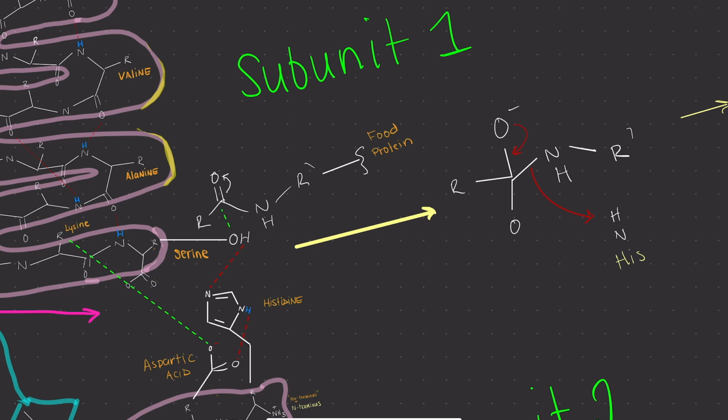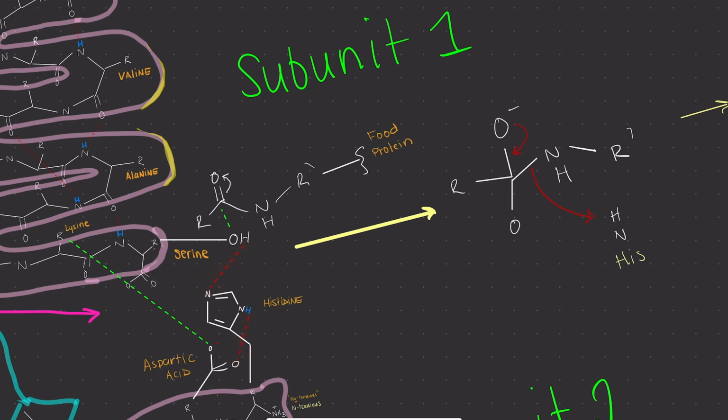This causes an electron to move up to the oxygen of the carbonyl. Meanwhile, and simultaneously, histidine is taking the H of serine and stabilizing it within its structure, while aspartic acid is stabilizing histidine and its structure.